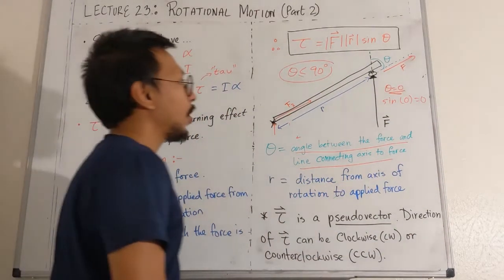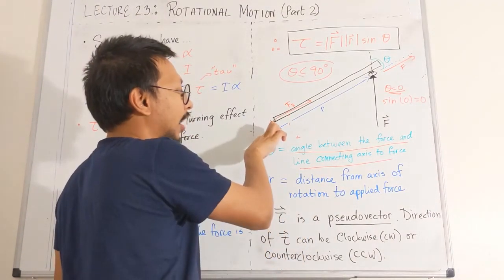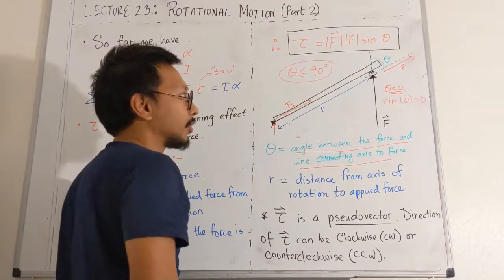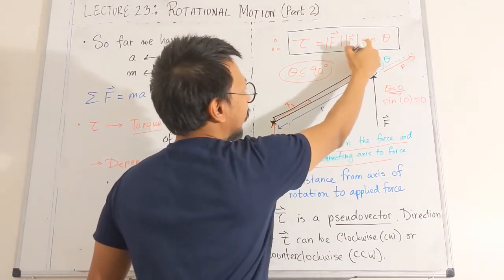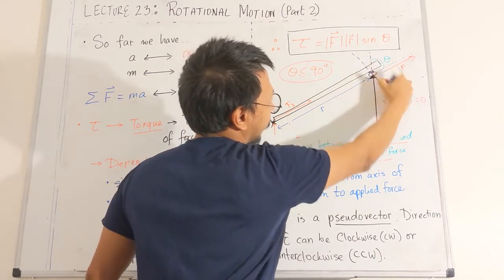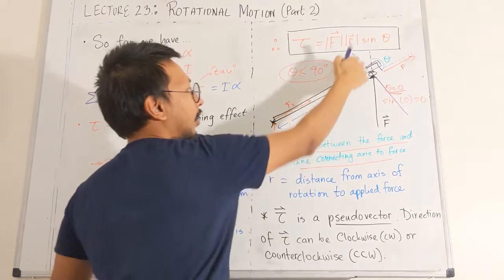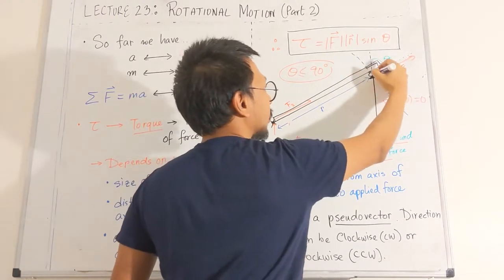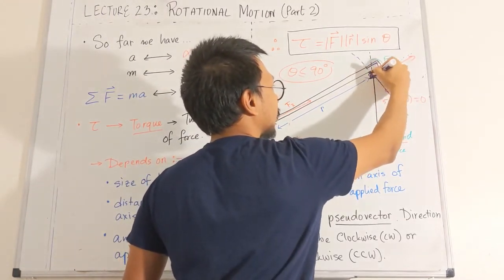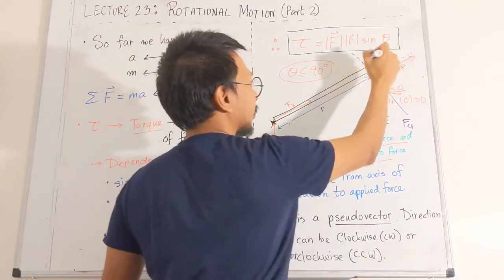What happens if you apply a force that is at a 90-degree angle to the line connecting the axis with that force? Say in this diagram, that should be in this direction, right? So that the angle formed with the R and the force, let's call this force F4, the angle formed is 90 degrees.